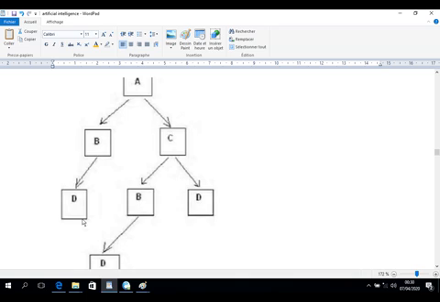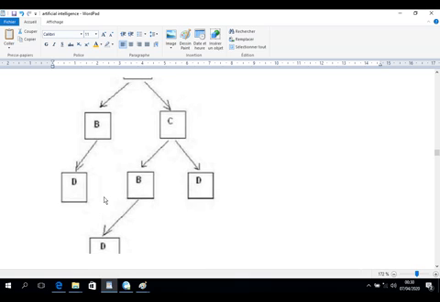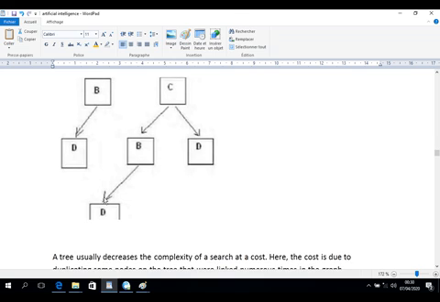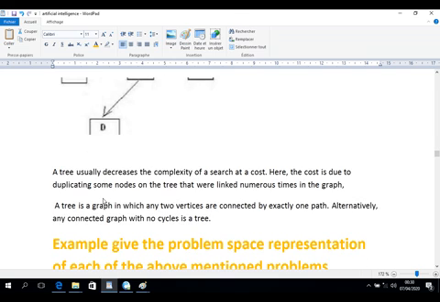Now from C we can go to B, we can go to D. Now from B we can go to D. So that is a tree. A tree is an acyclic connected graph, a graph with no cycle.